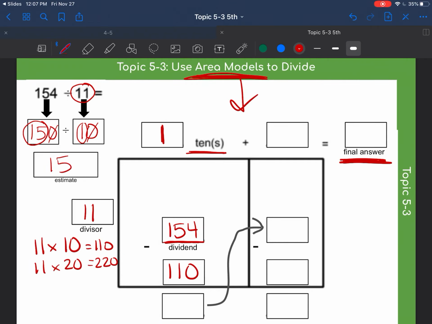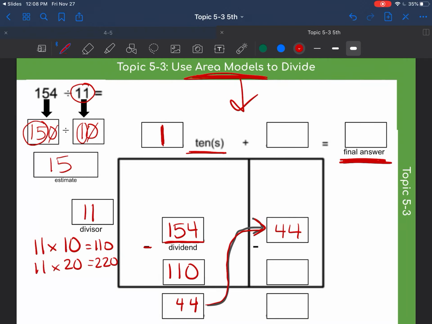So you look at it, 1 ten would be 10, okay? But the reason why we only write the single digit 1 is because we're dealing with a number that's going to be in a certain place value. So 11 times 1 ten gets you close to 154. And now we have the subtraction side, so we subtract. So we get 44. And now if you follow this arrow, I kind of use this for the template, put 44 here.